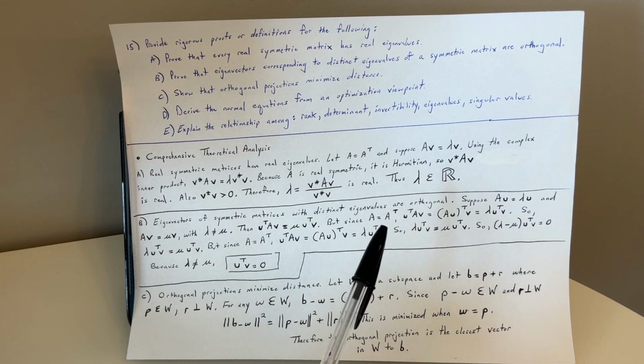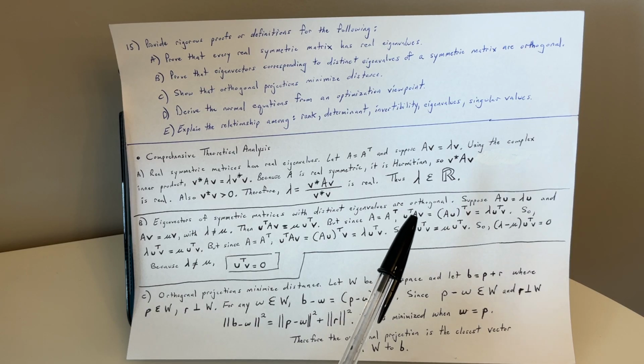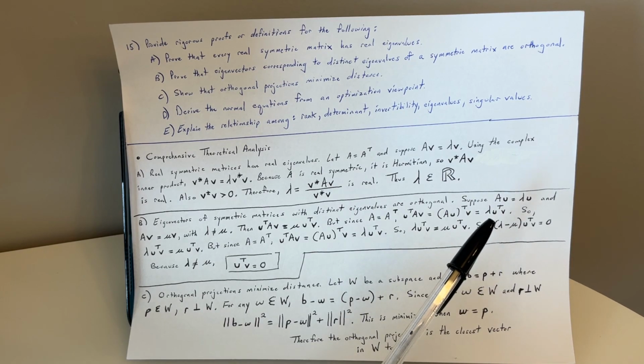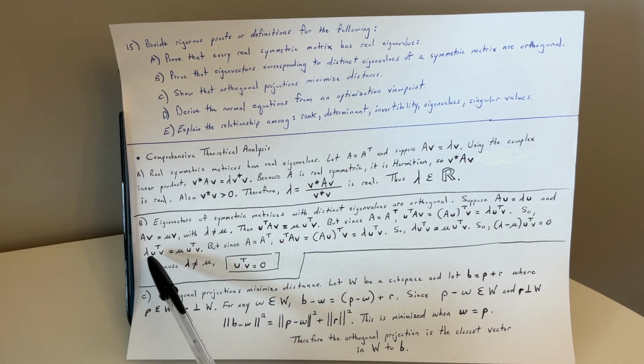But since A equals A transpose, u transpose Av equals (Au) transpose v equals lambda u transpose v.